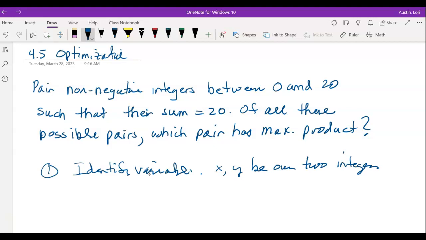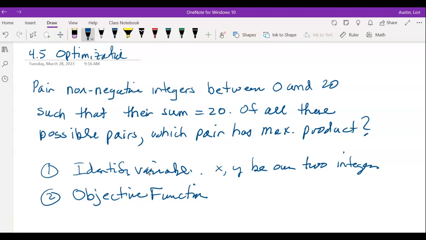Now, we have two types of functions when we're optimizing. The first one is called our objective function. This is the function you want to optimize.